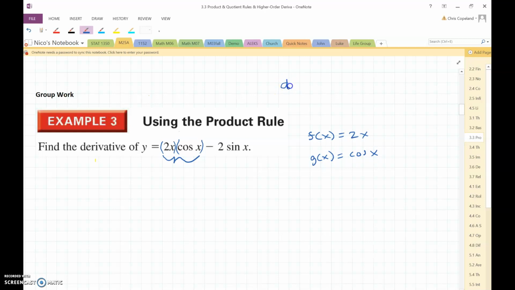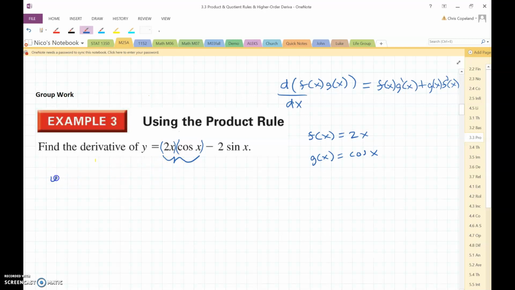Again, when we're taking the derivative of f of x times g of x with respect to x, it's going to be the first function times the derivative of the second function plus the second function times the derivative of the first function.